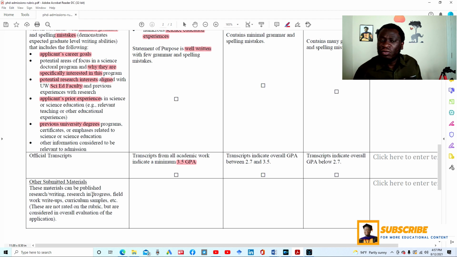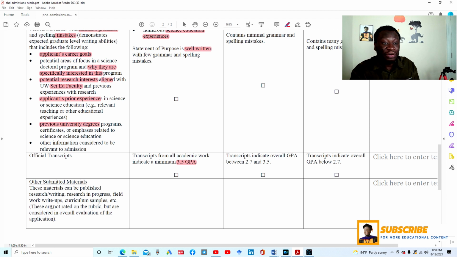He collated some of this experience, attached it to his application, and also described it in the SOP. So that helped. It can also help if you have other materials: research in progress, field work write-ups, curriculum samples, etc.